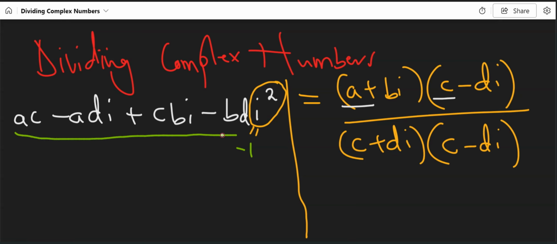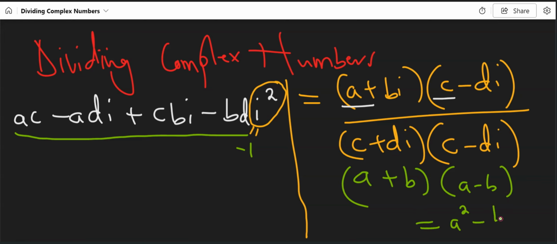Now for the denominator, let me introduce something simple that I'll teach in indices in my next video: the difference between squares. Anything in the form a plus b into a minus b is always given by a squared minus b squared.